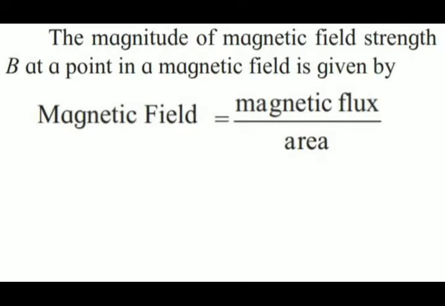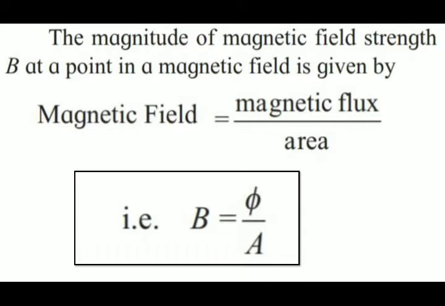Basically magnetic field is denoted by capital B, magnetic flux is denoted by phi, and area as usual capital A. So the formula will become B is equal to phi upon A, and the SI unit of this is nothing but Weber per meter square, because the SI unit of magnetic flux is Weber, and area is always measured in meter square. So when you substitute all the SI units, flux upon area, it will be Weber upon meter square. So this is what we have already studied.